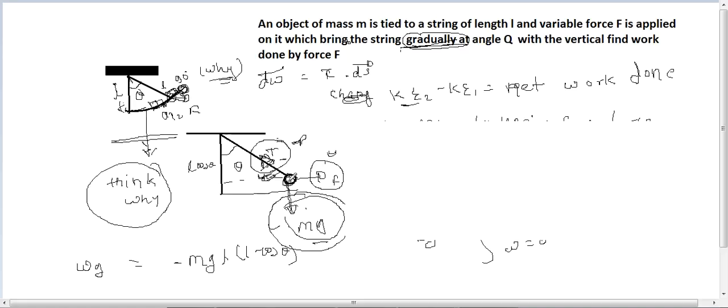So what is the initial velocity? 0. What is the initial kinetic energy? 0. What is the final velocity? 0. What will be the final kinetic energy? 0. So what is the net work done? Net work done is 0.